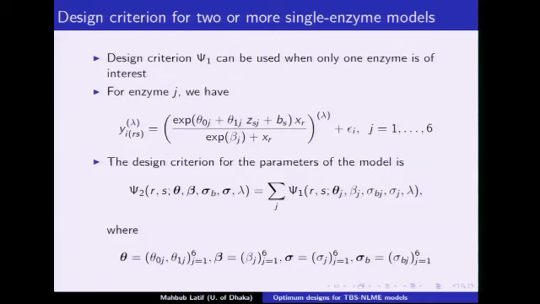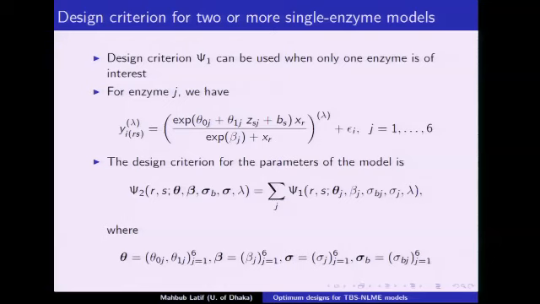Here we know a single enzyme model is important, but which one we don't know, one of those 6. So we need to fit this model for all 6 enzymes, and this is our criterion. We just calculate the psi 1 as we defined before and take a sum over all enzymes.